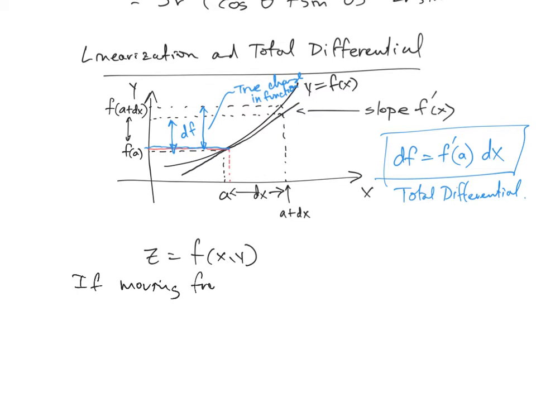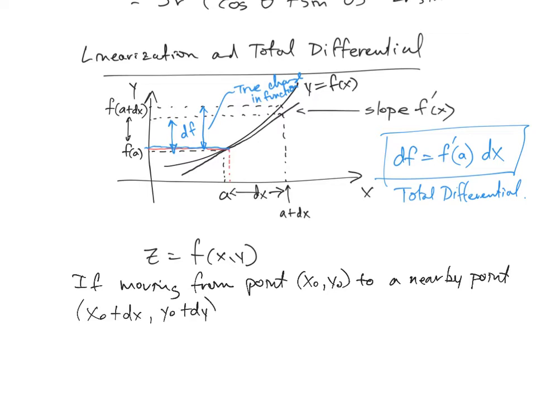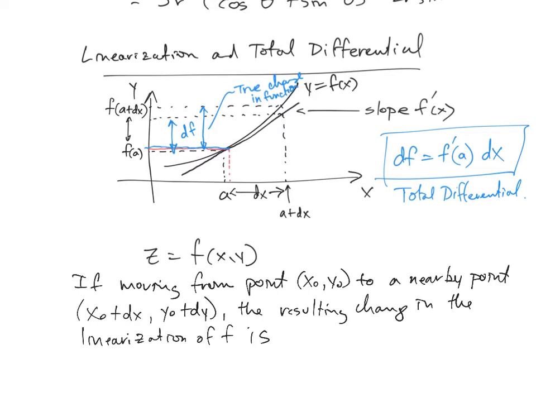If moving from point x naught, y naught to a nearby point, x naught plus dx, comma, y naught plus dy, I forgot the dx.